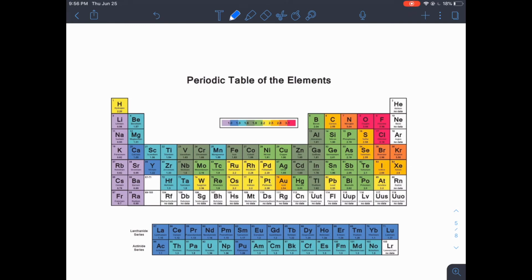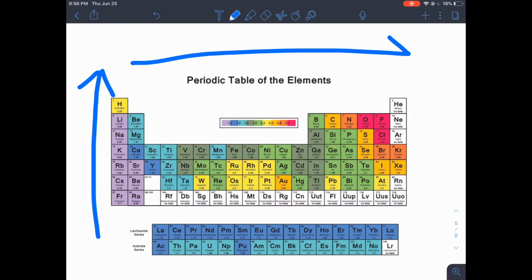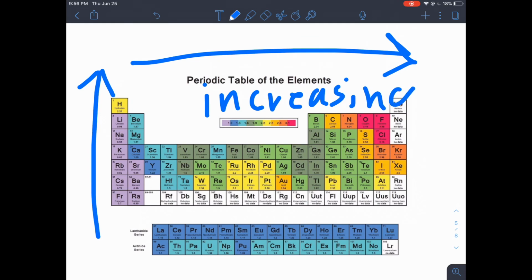Reactivity increases towards the bottom left of the periodic table. So, ionization energy is lowest towards the bottom left of the periodic table. It increases towards the top right of the table. This means the trend is increasing ionization energy as we move up and to the right.